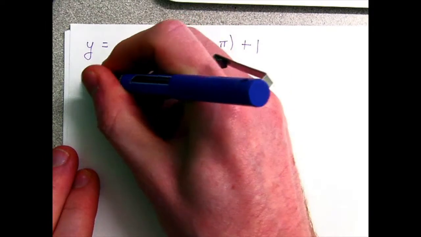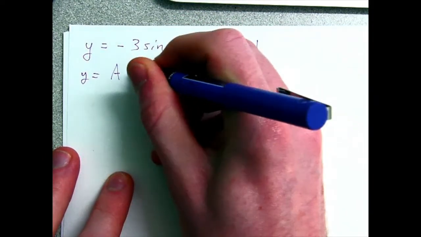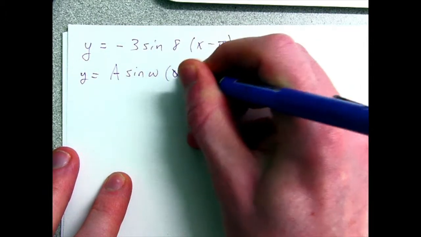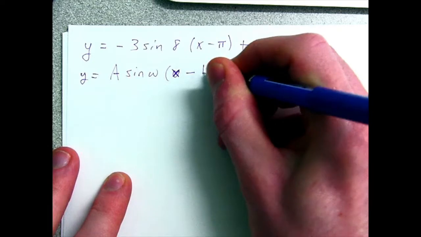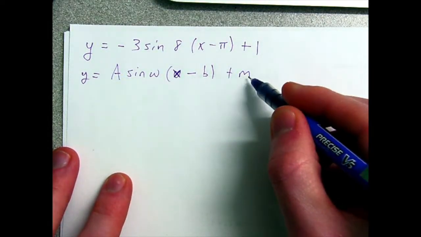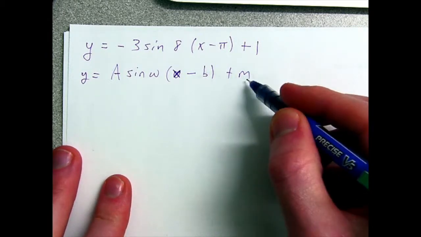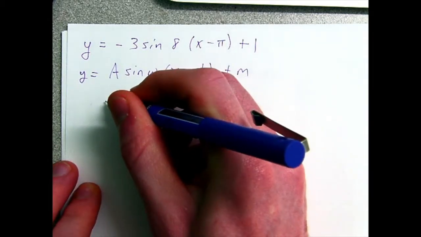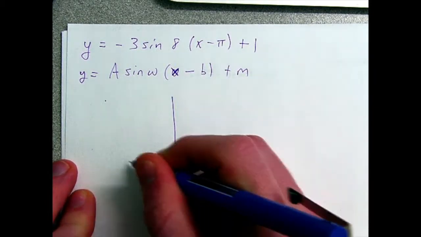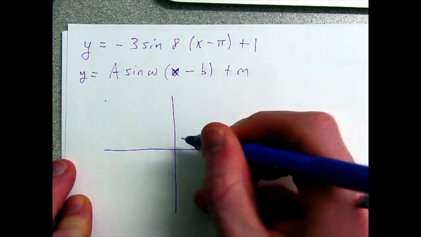Let's remember that the generalized sine function, the template for the sine function, is a sine omega x minus b plus m. And remember that m is what tells you the location of the midline. We can see that m is 1 here. So what does that tell us? That tells us that whatever the graph looks like, the midline is located at 1.